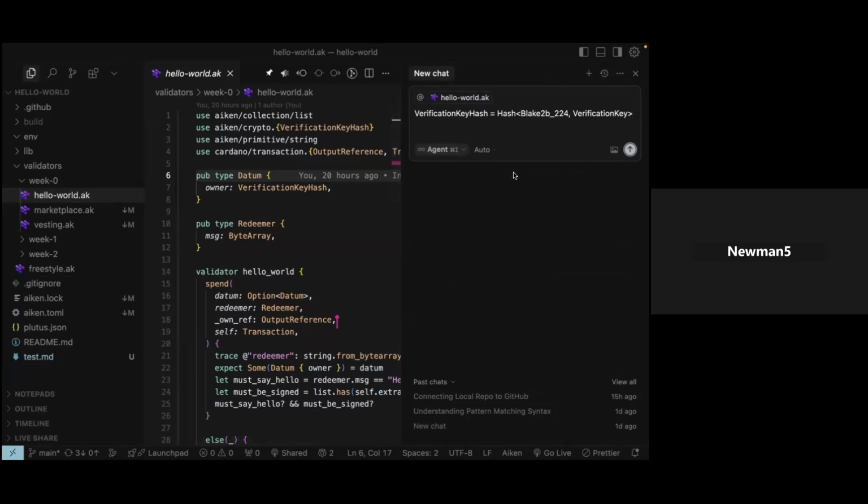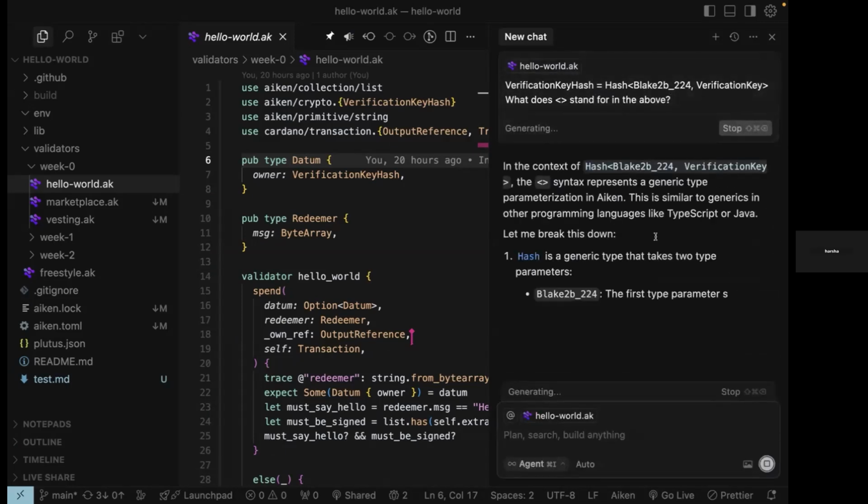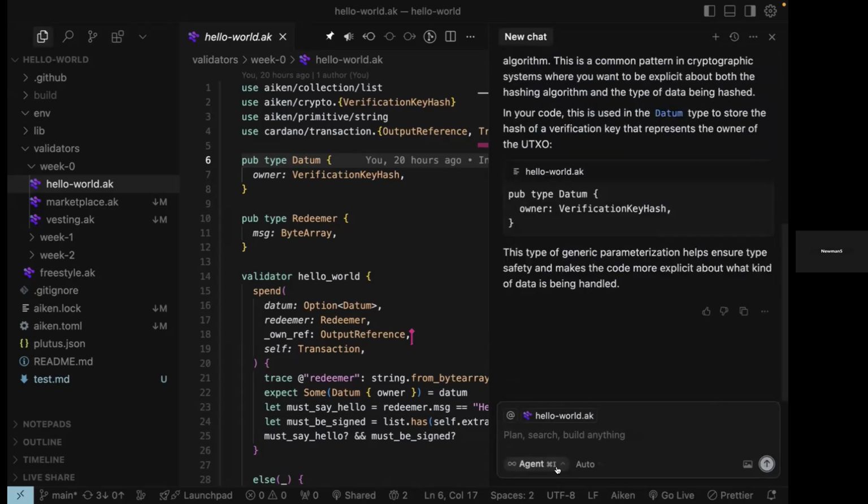I'm going to ask it, what does this stand for in the above? Perfect. And let's see what it says. Oh, I opened agent. I literally changed it to ask and then the agent.